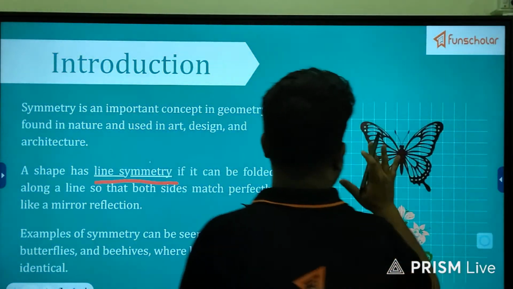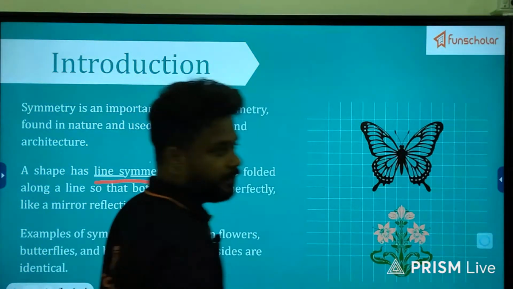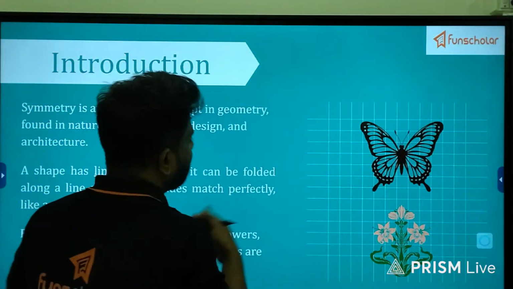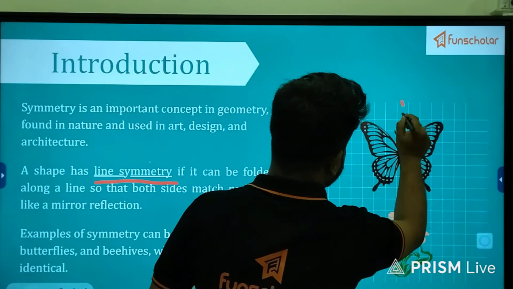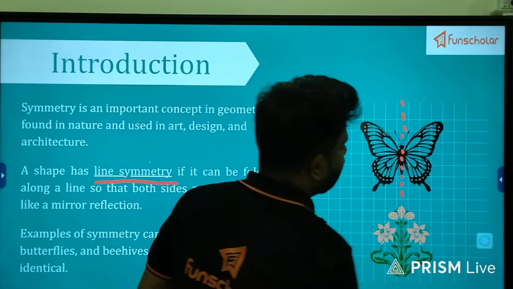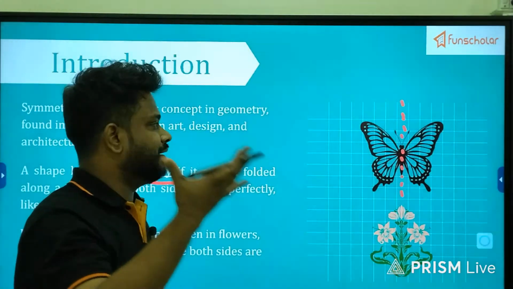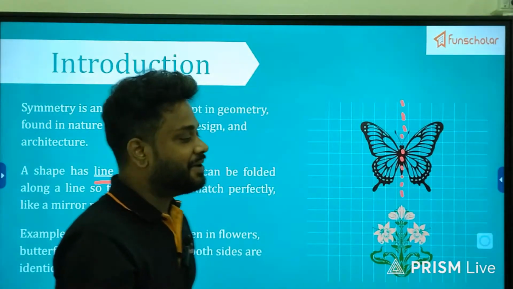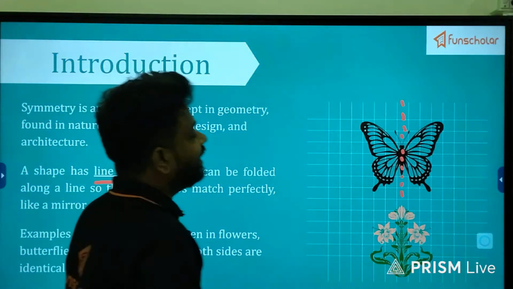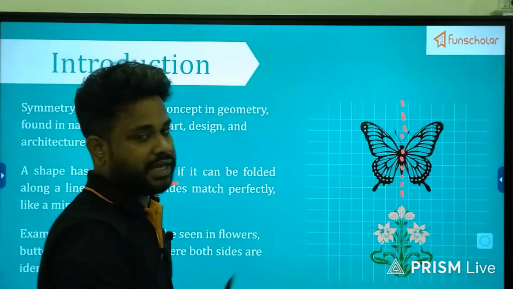So we have two figures here. One is of a flower and one is of a butterfly. I know this will sound very ridiculous, but if I cut the butterfly from the middle, we will get equal parts of the butterfly on each side.